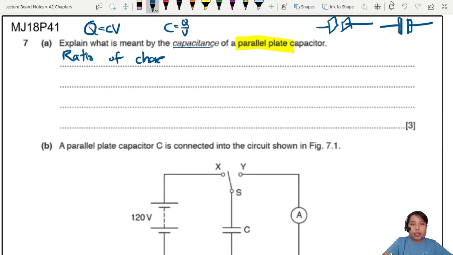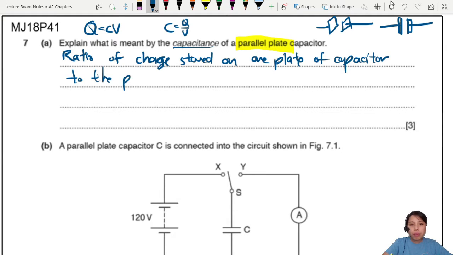So you say charge stored on one plate of the capacitor, to the ratio of what? Q against V, so the potential difference. I'm going to shortcut and just say PD across the plates.